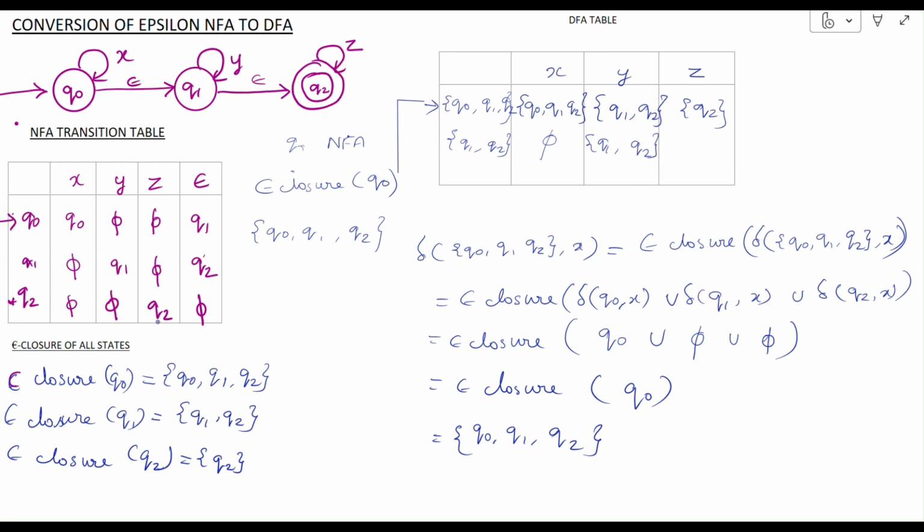On Z, the union is Q2, and the epsilon closure of Q2 is Q2 only. The next new state is Q2. Writing its transitions: on X it is null, and the epsilon closure of null is null only. On Y it is null, and on Z it is Q2, whose epsilon closure is Q2.